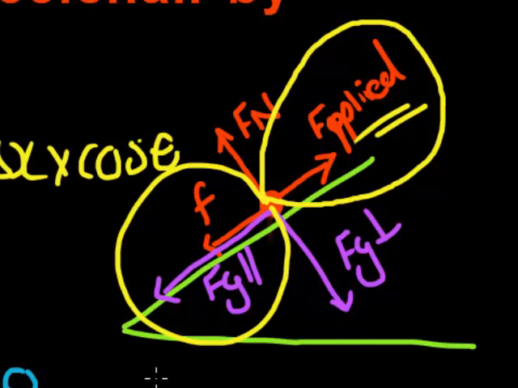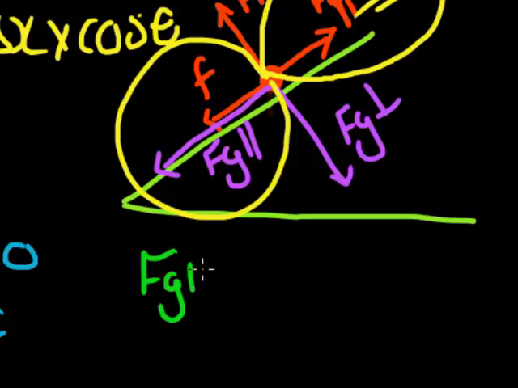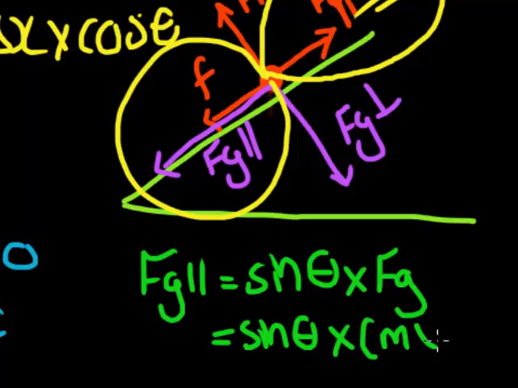Now Fg parallel you can always calculate by making use of sine theta multiplied by Fg. And remember, Fg in this case is the hypotenuse, but we can also further calculate it by saying mass times gravitational acceleration. So we would first need to calculate my Fg parallel.